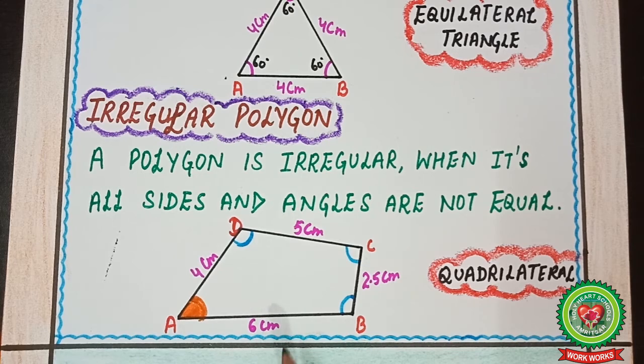You can see that all the side lengths are unequal. Similarly, angle A is an acute angle and the rest of the angles are obtuse, so all angles are different. This is an example of an irregular polygon.